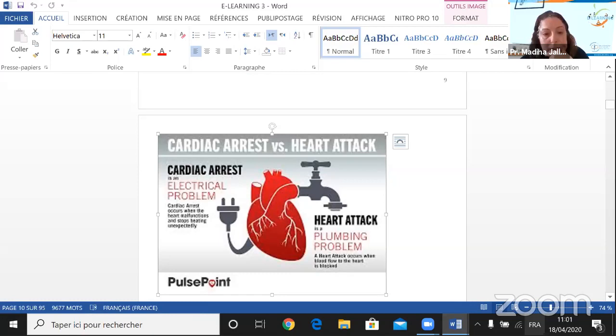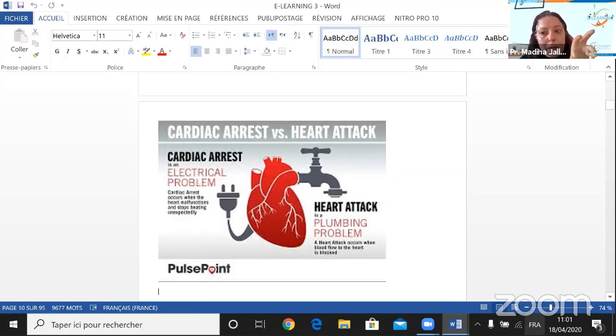Next, here in this diagram, I chose it and I liked it because it differentiates between the cardiac arrest and the heart attack. There is a difference, of course. It is explained that the cardiac arrest, so there's arrest, so there is a stopping of the heart beating.